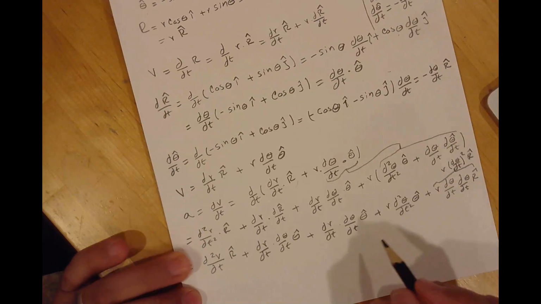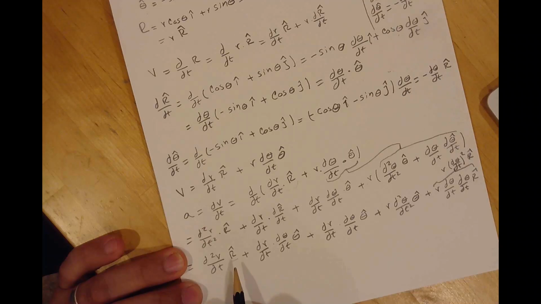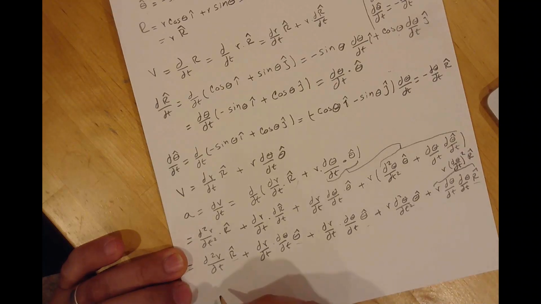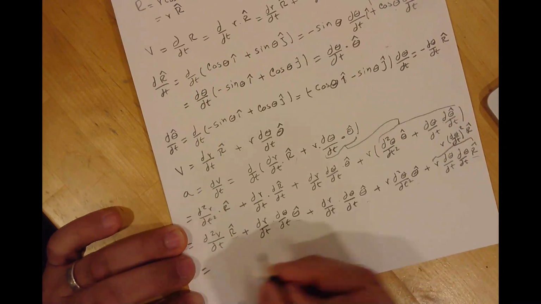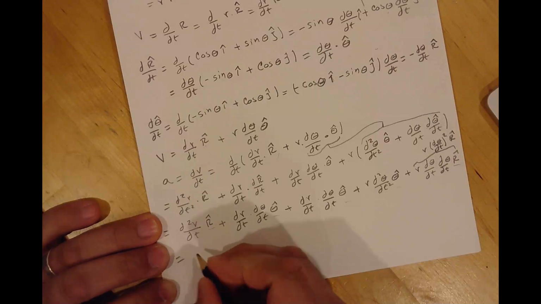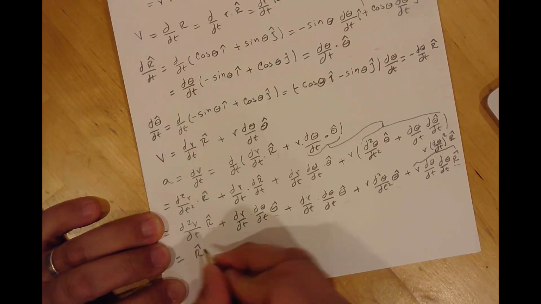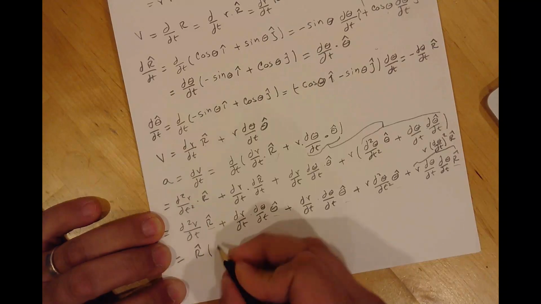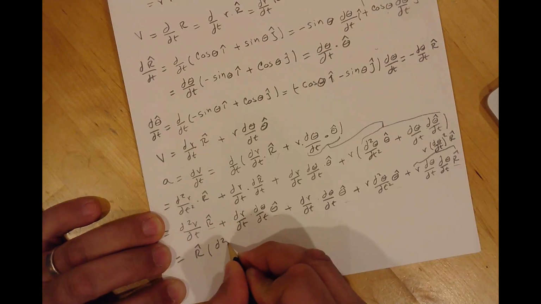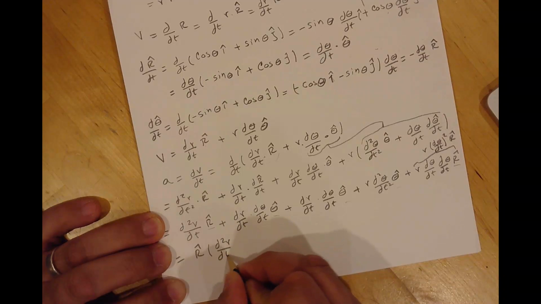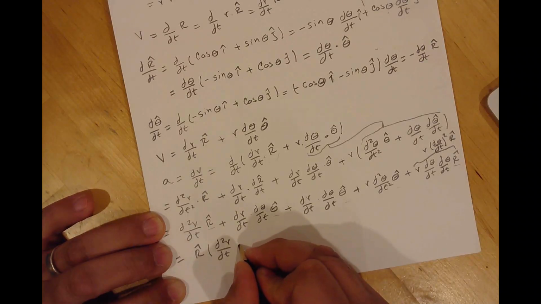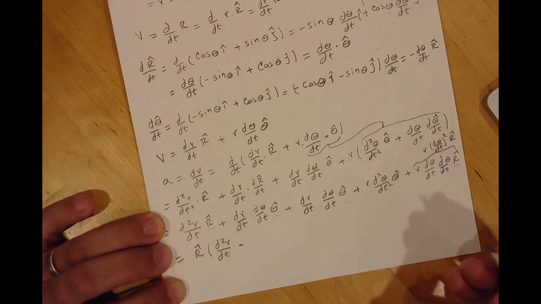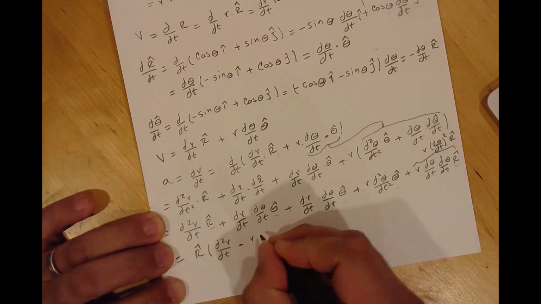Finally, if we take the common factor of this one and the common factor of this, all these three, we will have the second derivative of r, which is this one, minus r times the derivative of theta squared.